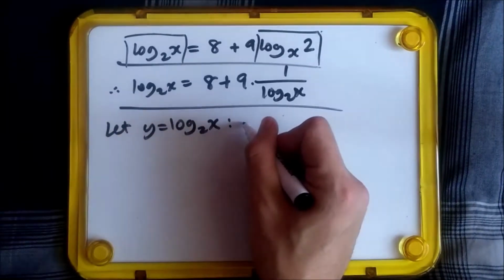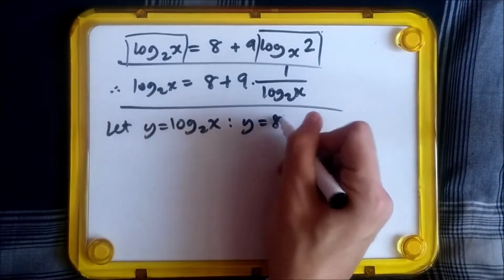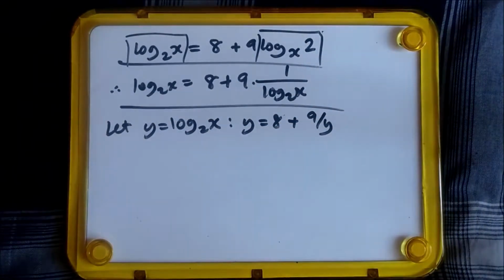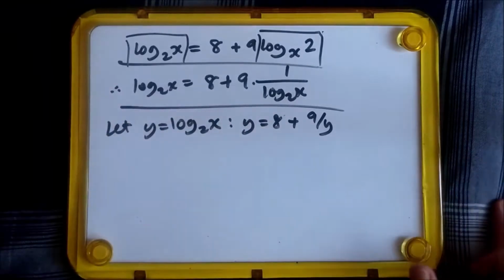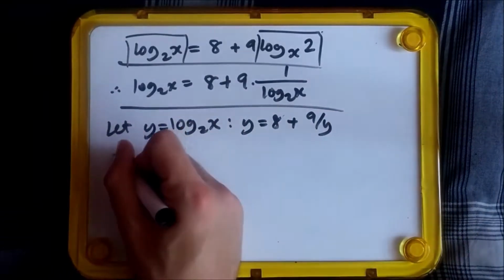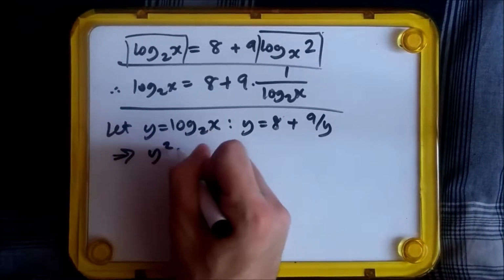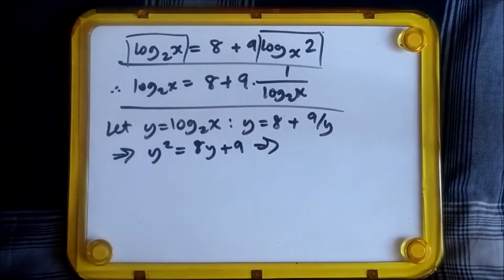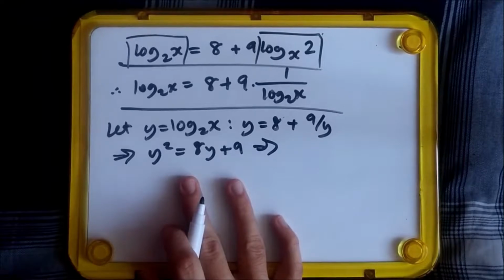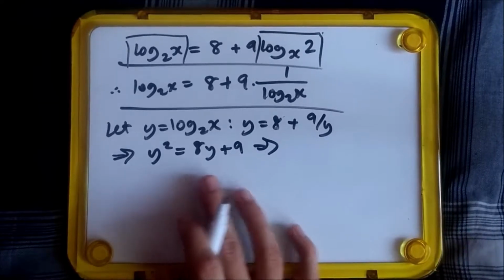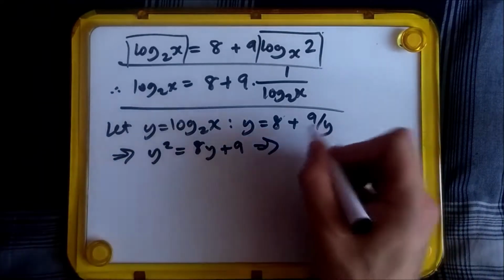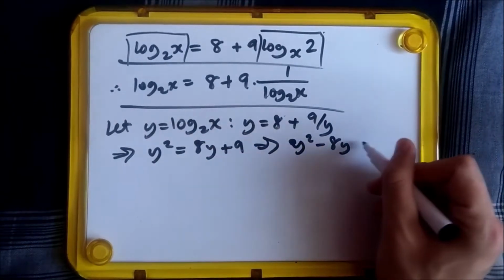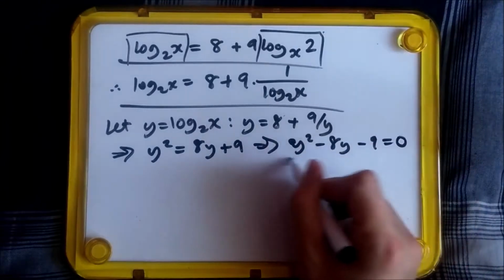This means that y equals 8 plus 9 over y. Now multiplying y across, because we don't like fractions, we should get y squared equals 8y plus 9. And notice that we have a quadratic expression. Hence, throwing everything across, we should get y squared minus 8y minus 9 equals 0.